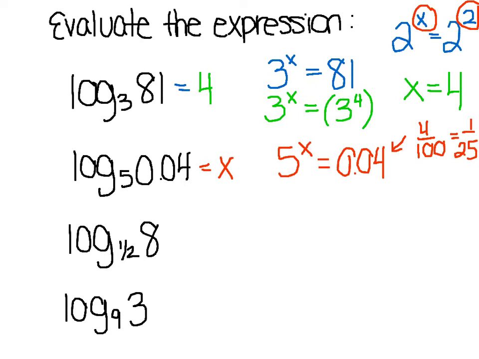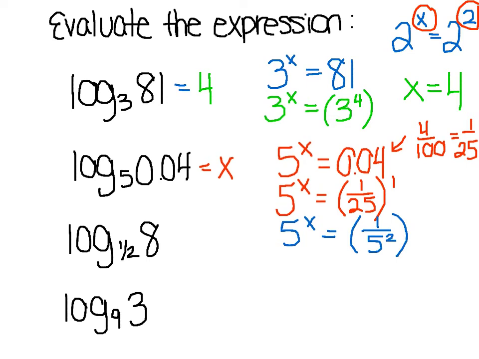So another way to write this is 5 to the x equals 1 over 25 to the first. That's still not going to help us totally yet, but we can still change it. I want this 25 to deal with 5. 5 to the x is 1 over 5 squared.